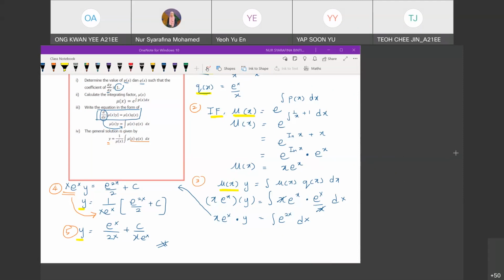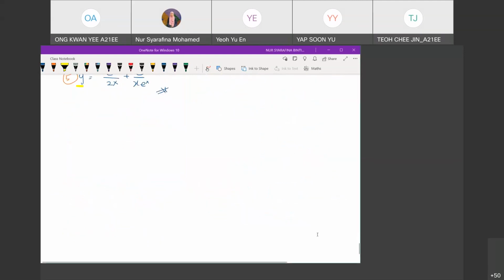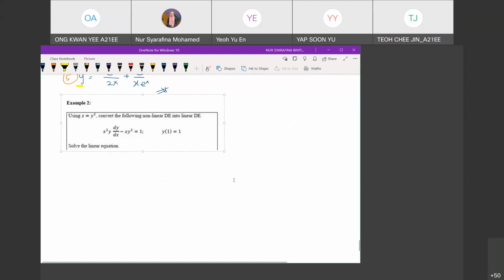Example 2. Using z equals y squared, convert the following non-linear equation into linear. So you know that this is non-linear. Solve the linear equation. Okay, how can we convert?